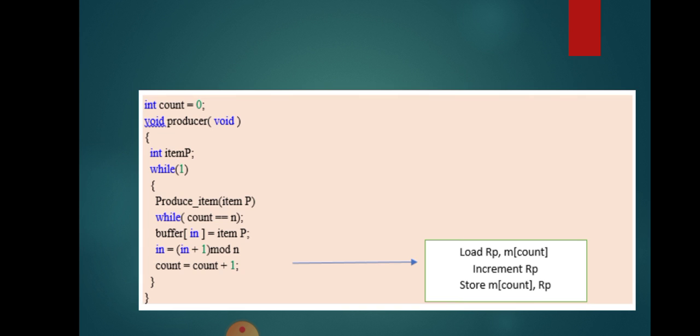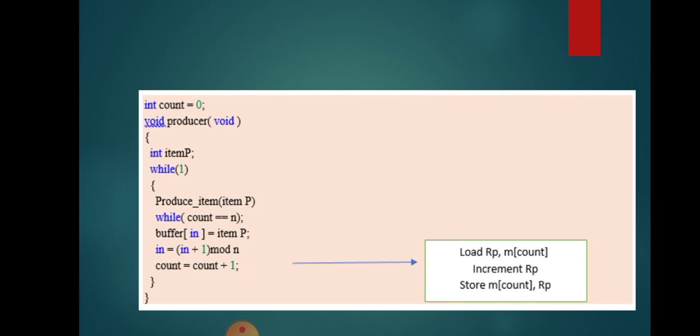Count equal to n means the buffer is full. Here n is nothing but the size of the buffer. Suppose we have produced 5 items and the size of the buffer is also 5, so 5 is equal to 5. It means the buffer is full, so we cannot produce the item. If the condition is false, we go to the next step: buffer[in] is equal to item P.